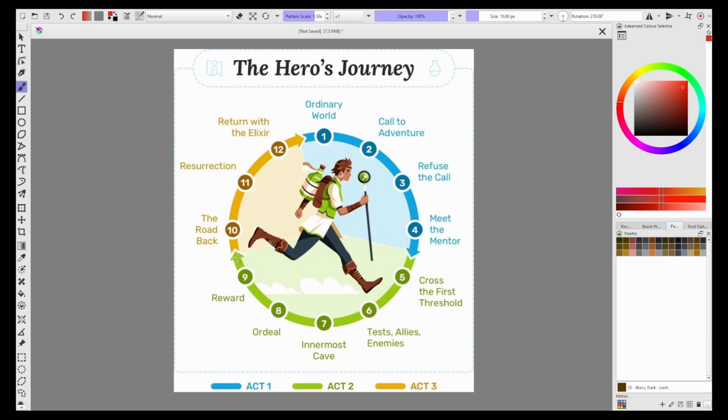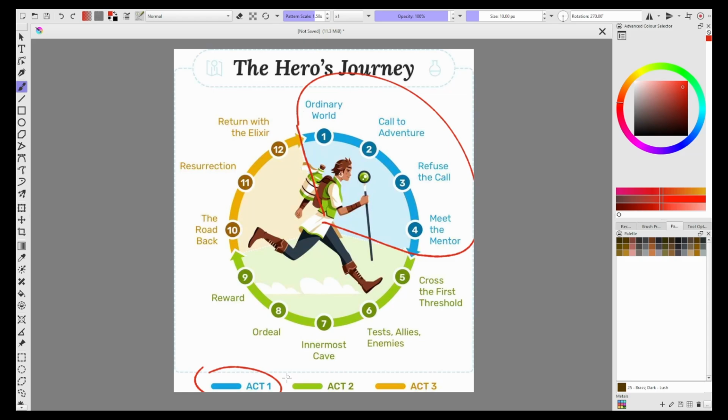Okay, so first up we have Act 1 down here, which is this blue section. This is basically the equivalent to Act 1 in the 3-act structure, where you have your setup, your inciting incident, the thing that sets the ball rolling, and the introduction into the new world.